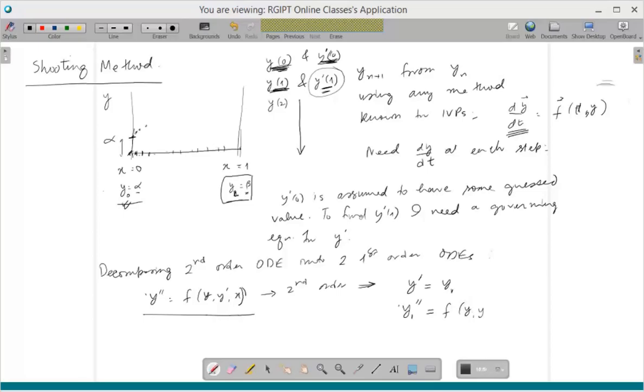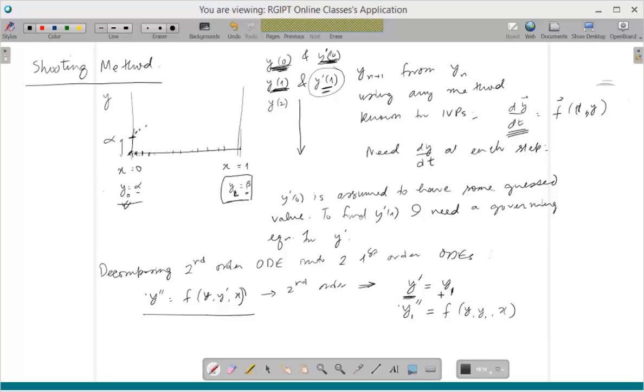of x, y and y1. Does that make sense? So I'm going to use a new variable, which is y prime. The derivative is a variable for me now.